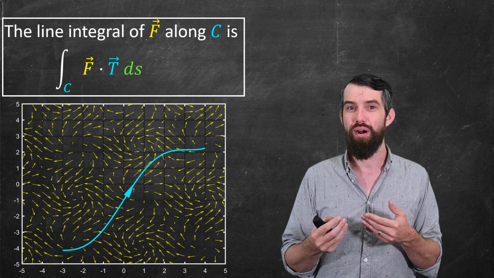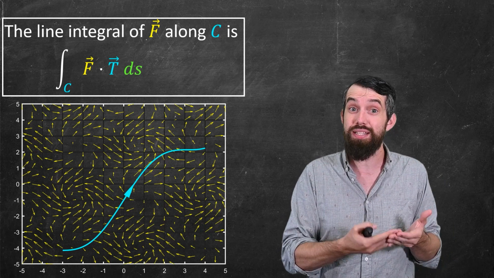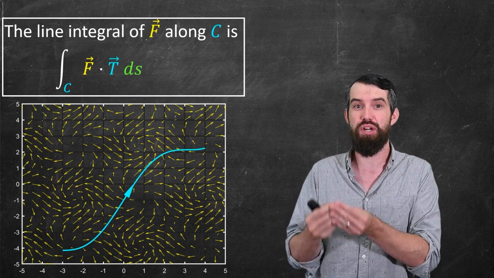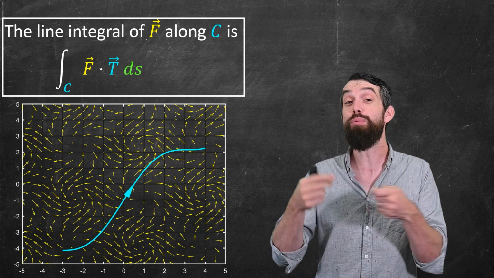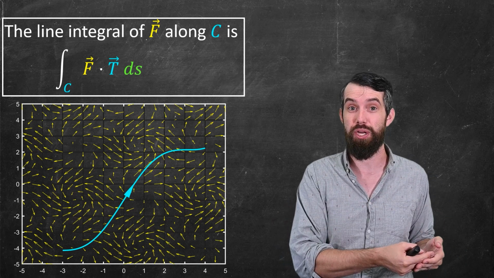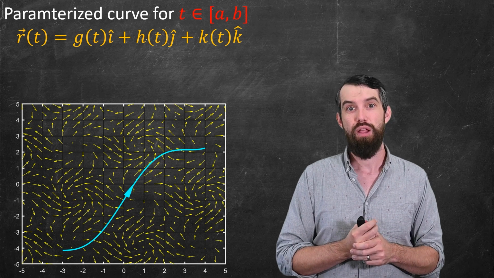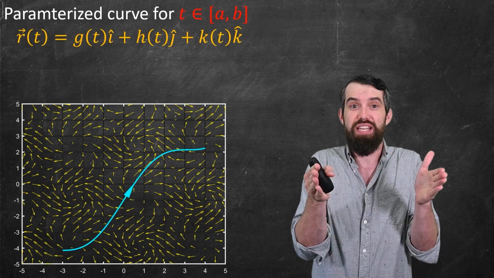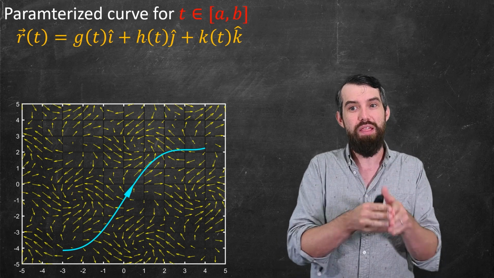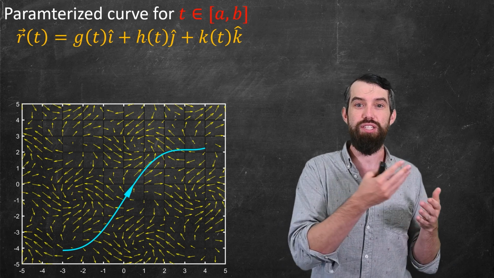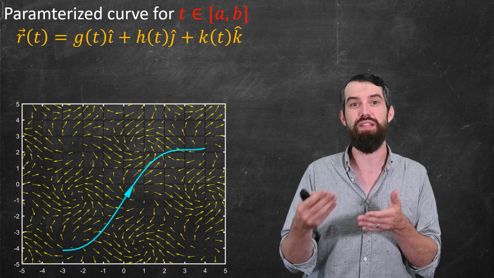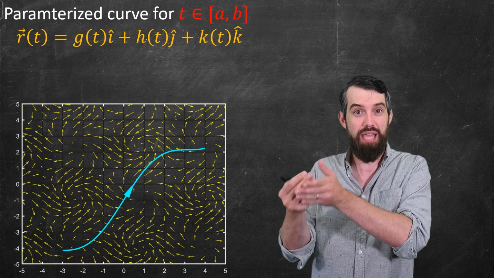And as we've seen before, when it comes to computations, we want to see how I can parameterize a curve explicitly and then rewrite this formula in terms of that parameterization. Okay, so let's give some labels. I have a parameterized curve. The curve is on some interval of t between a and b, and then the curve is going to be g of t in the i hat, h of t in the j hat, and k of t in the k hat.